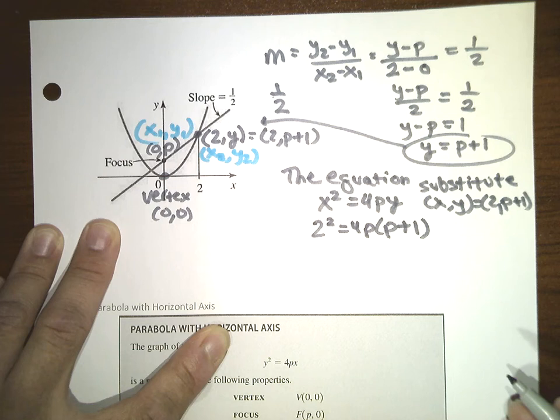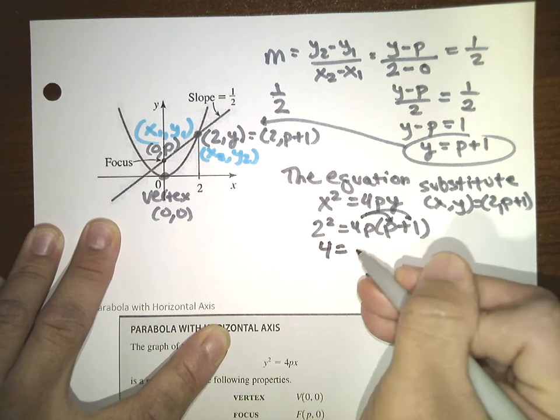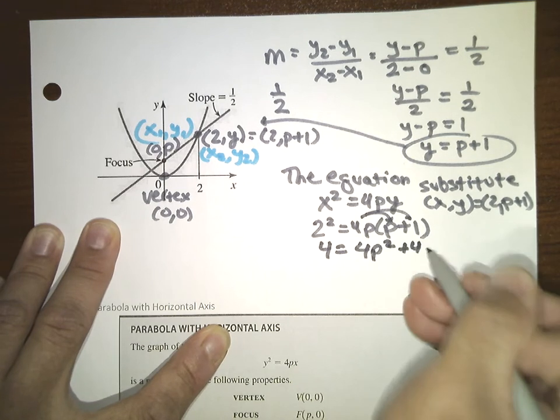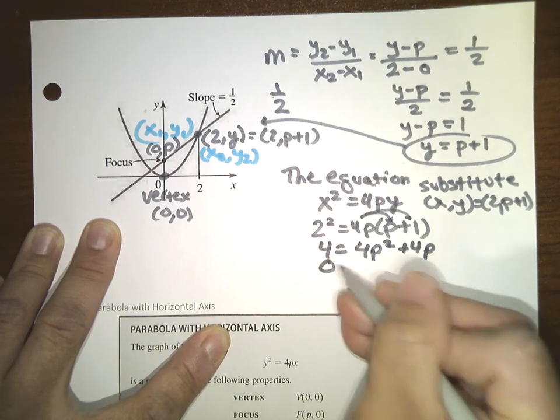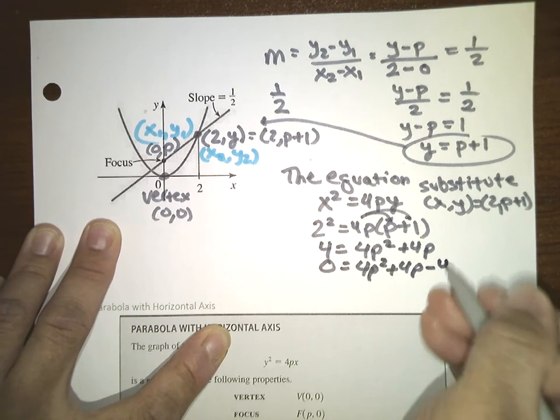And then I will go ahead and distribute here. So 2 squared is 4. So I have 4 is equal to 4p squared plus 4p. Then I'll subtract the 4 to get 0 is 4p squared plus 4p minus 4.